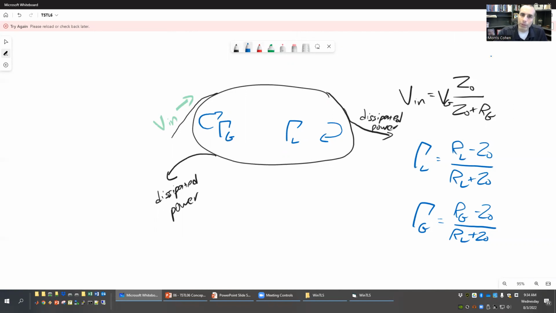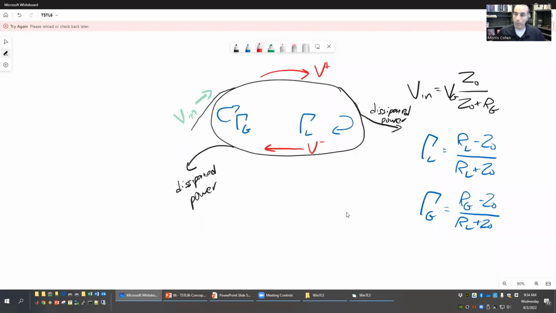So in the end of this, there's going to be a positive going voltage here, V positive, and a negative going voltage, V negative. And we can come up with relationships for how V positive and V negative relate to each other. We know, for example, that V negative must equal our load reflection coefficient times V positive. That is well known. Every time V positive comes in, it reflects and makes V negative.